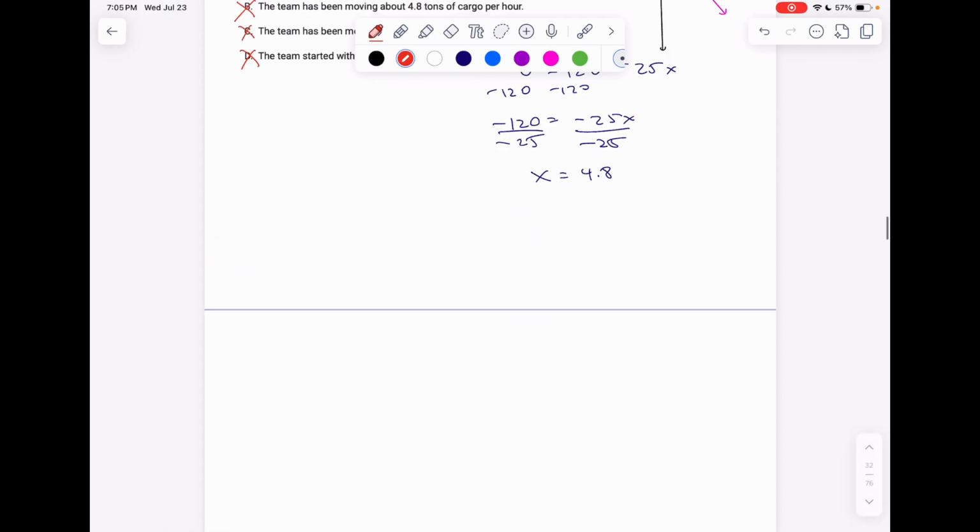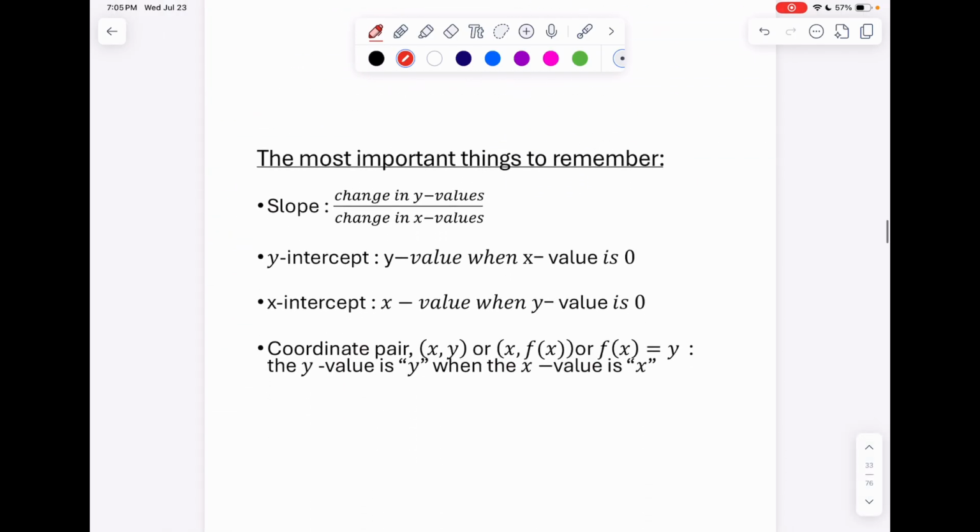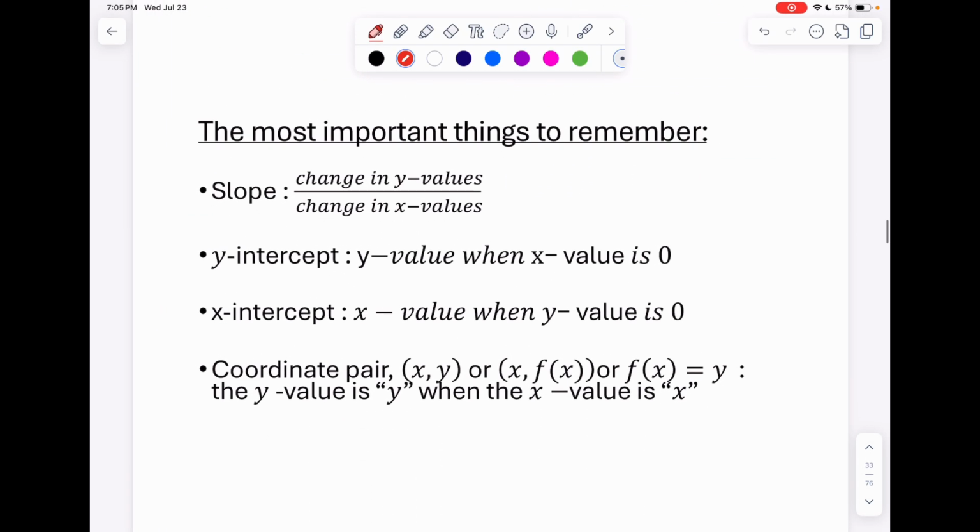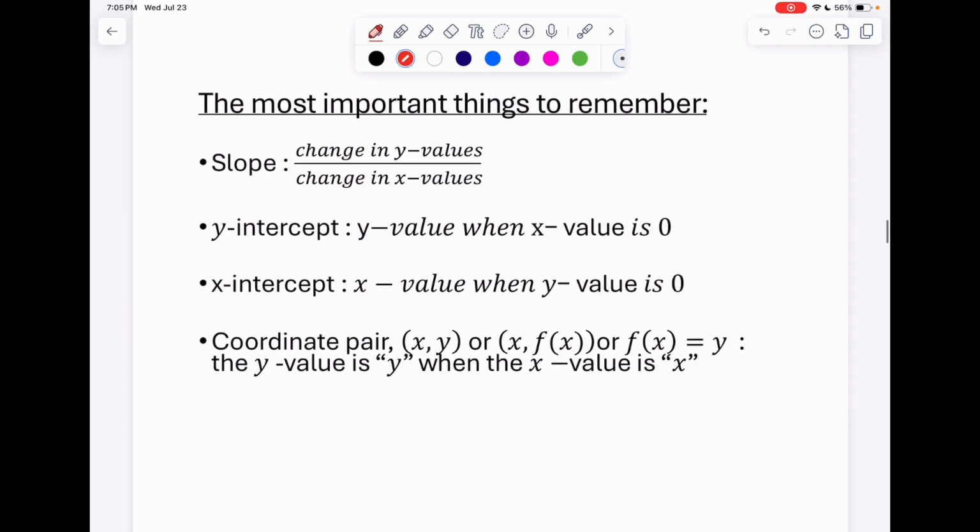All right. So the most important things to take away from this conversation for the meanings of each piece of the equation, right? If we have y equals mx plus b, the slope is the change in y values per change in x values. The y-intercept, that's our b, that's the y value when the x value is 0.